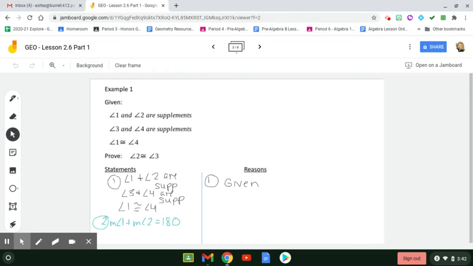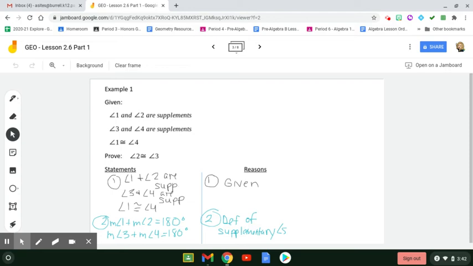Likewise, if I took the measure of angle 3 and the measure of angle 4, it would also have to equal 180 degrees. I know that based on what I've learned in the past about supplementary angles. So I'm just going to say definition of supplementary angles. Based on that fact, if I add up their measures, it equals 180 degrees.